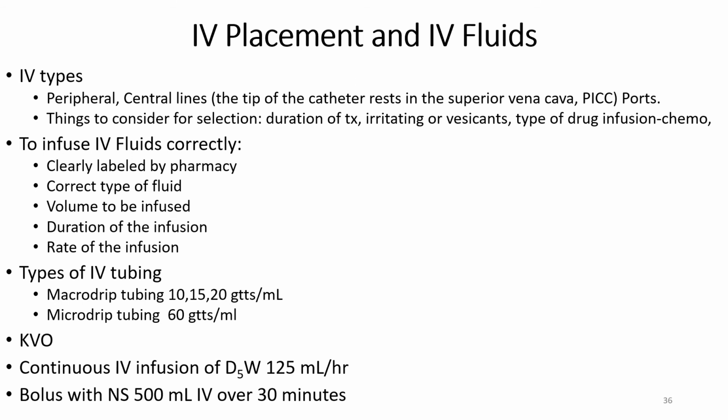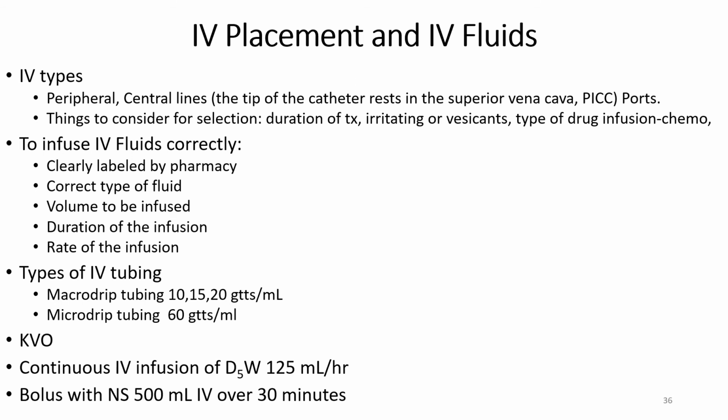So some of the things to consider when you're trying to decide on what is the best type of IV for my patient. Okay, so if you have a teeny tiny baby that is premature and you know they're going to be in the NICU for several months and they're getting medications very frequently, you're going to consider doing a central line, because if you've ever worked in the NICU or seen how teeny tiny their veins can be, they don't always have enough veins available to continue putting in those peripheral IVs.